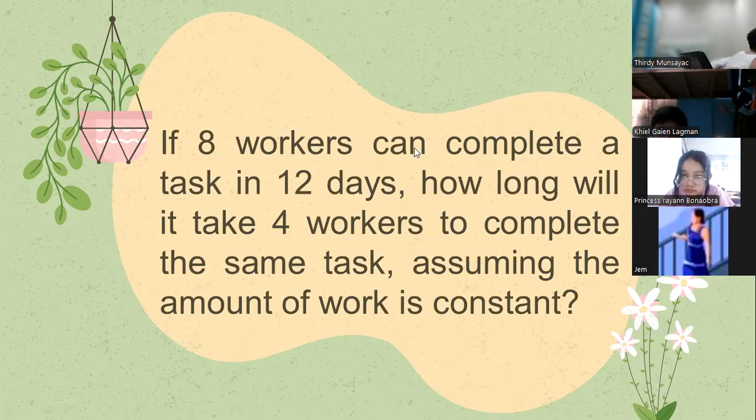Okay, so it says here, if 8 workers can complete a task in 12 days, how long will it take 4 workers to complete the same task, assuming the amount of work is constant? So how do you write the ratio? Sige nga, how do you write the ratio of this?